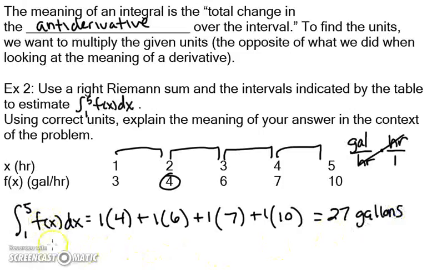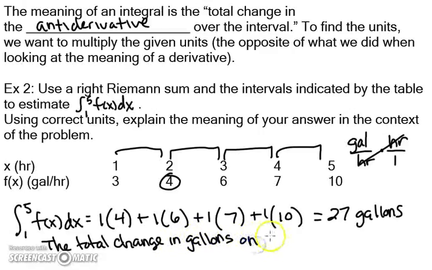So the meaning is going to be the total change in gallons on the interval 1 to 5. So we always want to say that total change in, give our units, give our time interval. So total change in gallons on the interval 1 to 5.